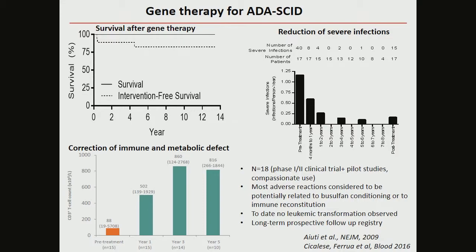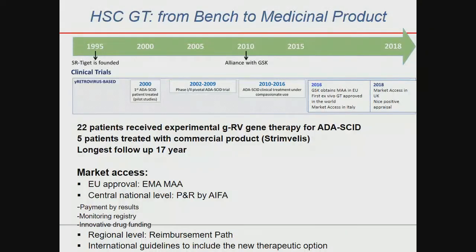So these data were then used by the company GSK to obtain the marketing authorization in Europe for the gene therapy product. And since then, 5 patients have been treated with the commercial product, which is called Strimvelis.